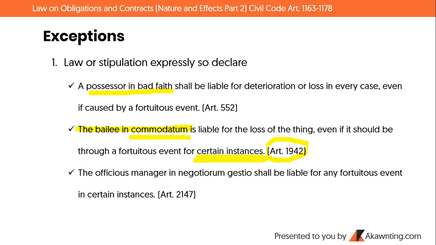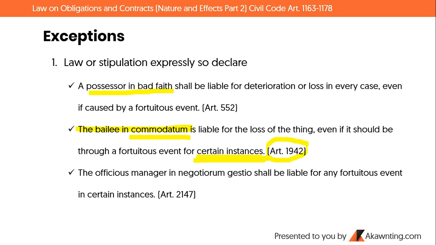For example, all the requisites of negotiorum gestio are met. So, you, for example, as a neighbor, voluntarily take charge of the house of your neighbor. But what happens is that instead of improving the house or whatever you are doing there to maintain it, you make it worse. Whether the damage to the thing or any part of the house is due to your fault or due to a fortuitous event, it doesn't matter.